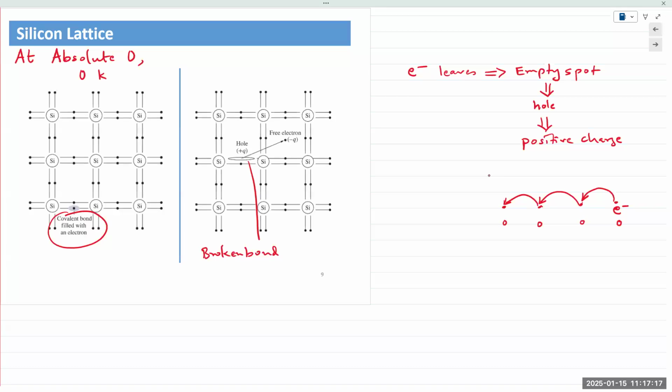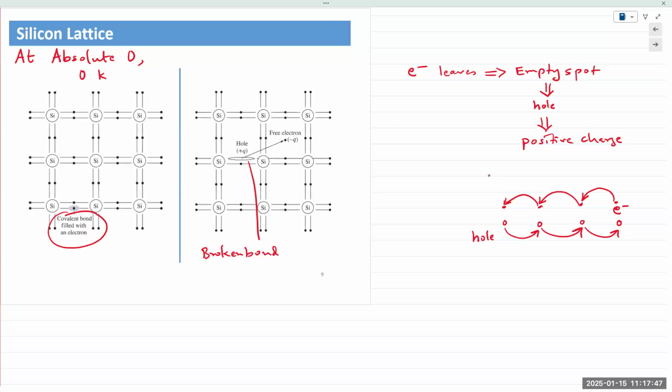Where there was an empty spot on the far left, that empty spot has moved one more spot to the right, and one more spot to the right. And so as the electron moves, the hole moves along with it, and both particles are now propagating through the lattice structure.